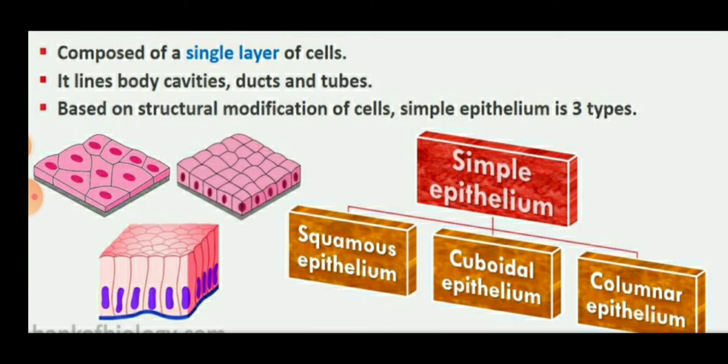So children, the simple tissue is composed of a single layer of cells. It lines the body cavity, ducts and tubes. It is based on the structural modification of the cells, and simply it is three types: first is the squamous, second is the cuboidal, and the third is the columnar. So basically the simple epithelium is three types.